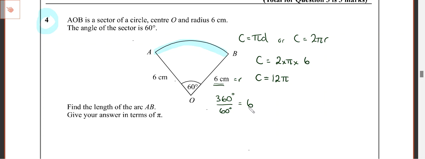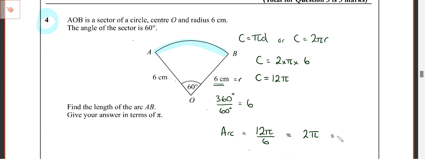Well, I know that the arc is this value divided by 6, yeah? So the arc is 12 pi divided by 6, which is, well, if I tell you 2 pi, are you okay with that?